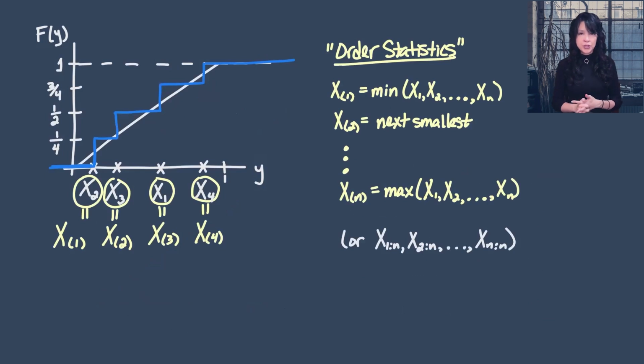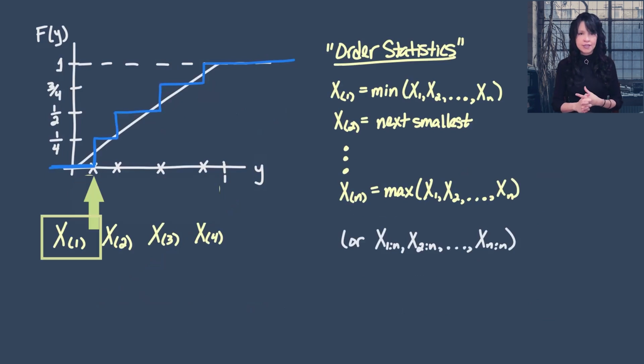Going back to this picture and looking at x1 in parentheses, that's right here. We are assuming that F of x or F of y is the CDF for the uniform 0, 1 distribution. So it is just x or y. And so this CDF at this smallest value is right here.